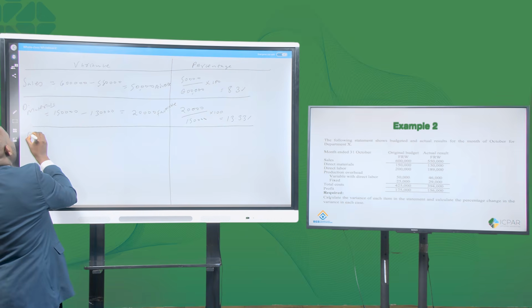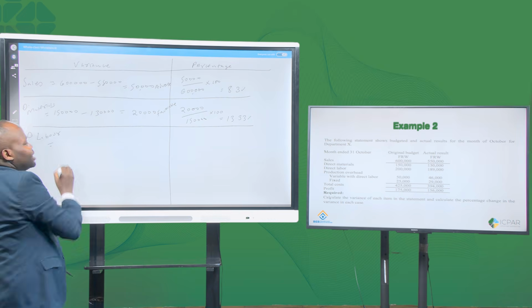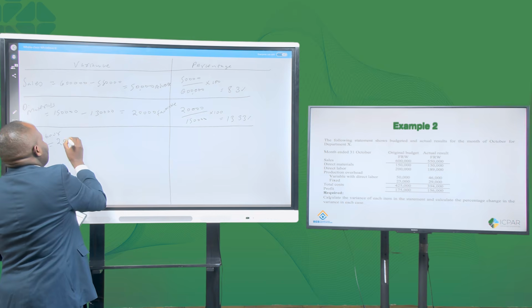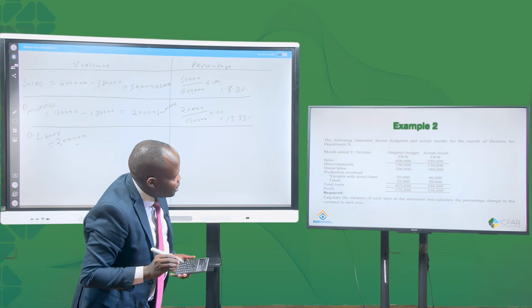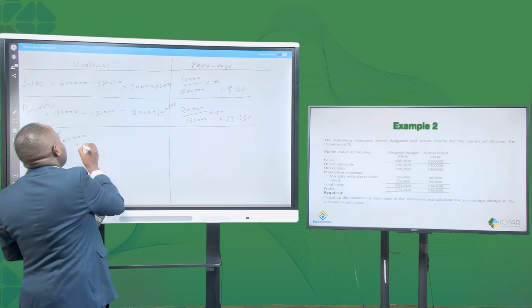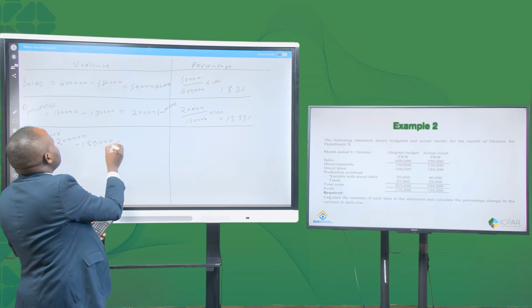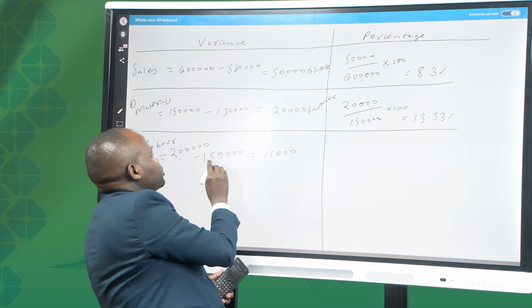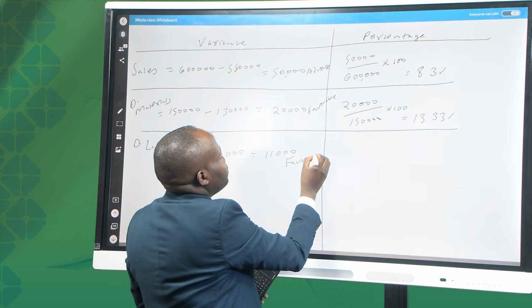Labor, direct labor. The same, just illustration. Labor, it is 200,000 minus 189,000. So that gives you, is it 11,000? It's a cost, we spent less, so it is favorable.